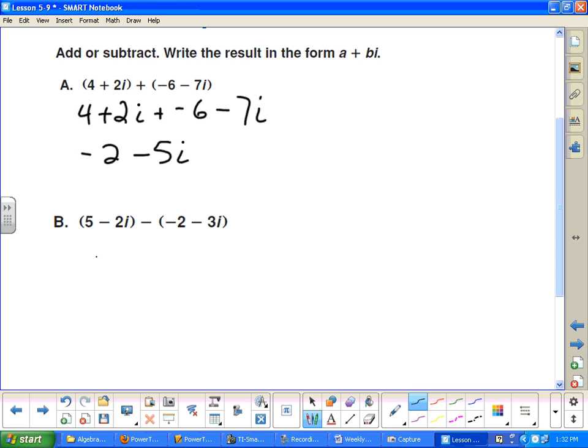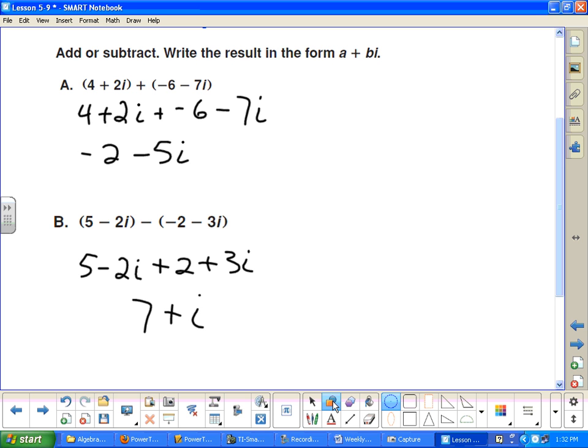So this minus 2 becomes a plus 2, and this negative 3i becomes a positive 3i. Is there a negative in front of this? No. All right. 5 plus 2 is 7. Negative 2i plus 3i is plus i.